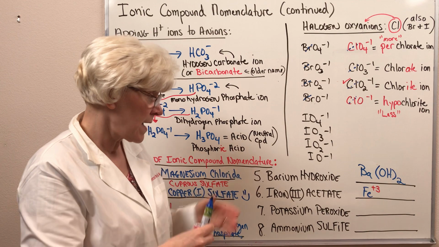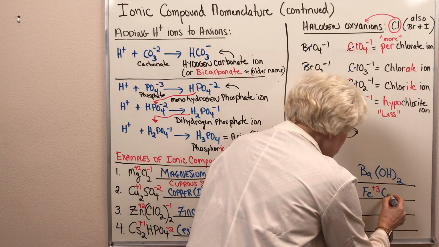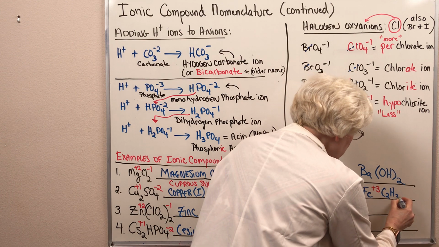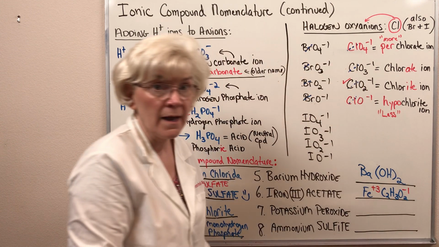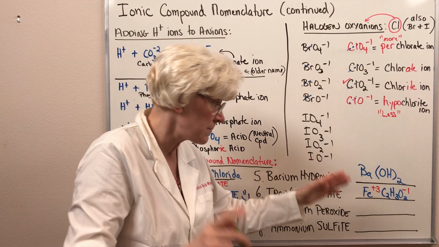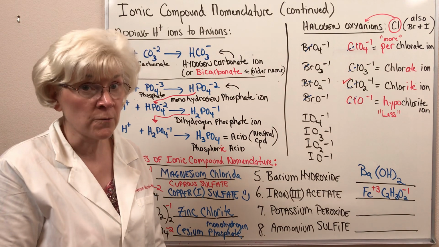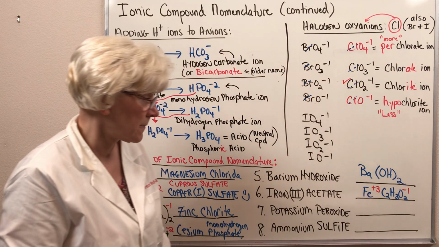You need to have memorized that acetate has the formula C2H3O2 with a -1 charge. And there's no way to reason it out. You just have to memorize that is the formula for the acetate and the correct charge.